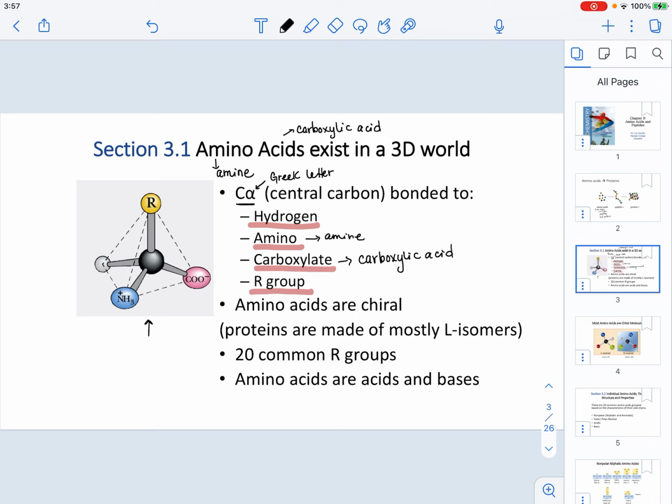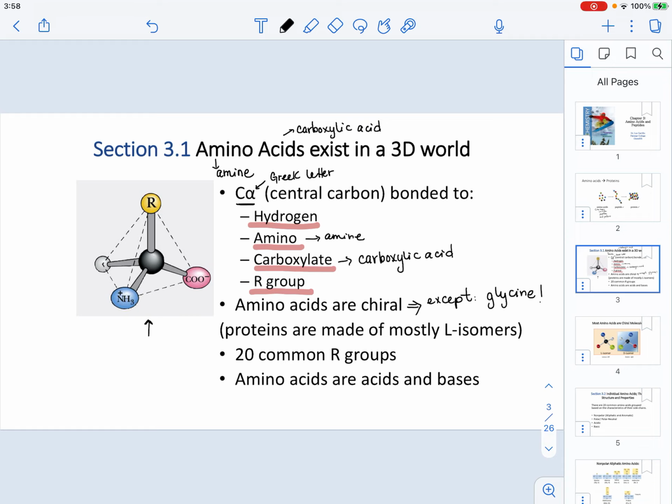Understand that this is going to be in further slides, but I want to introduce the idea. The only amino acid that is not chiral is going to be glycine, as we're going to observe in a few moments when we go over the structures for them.